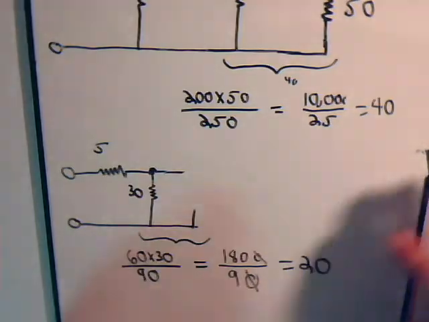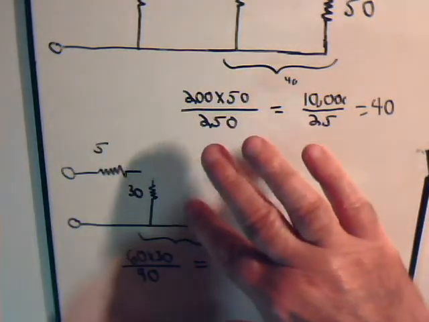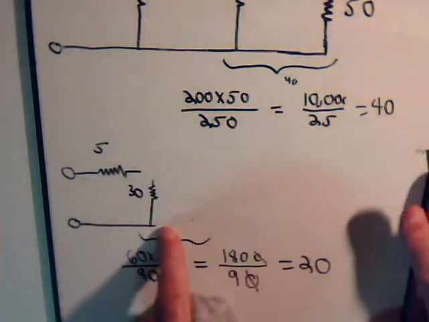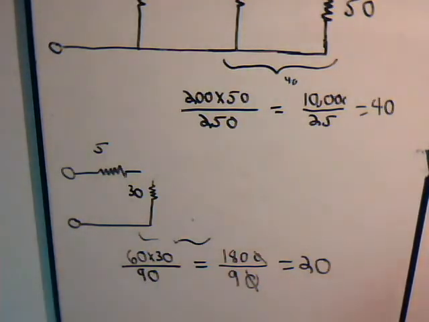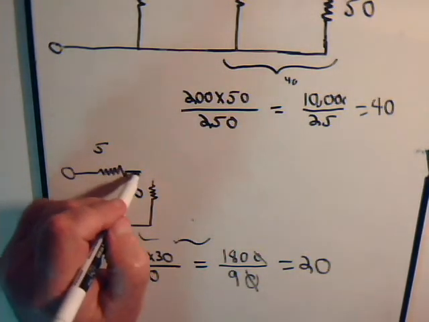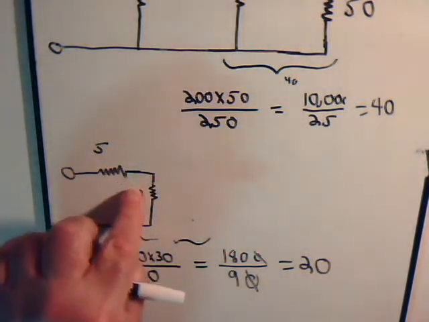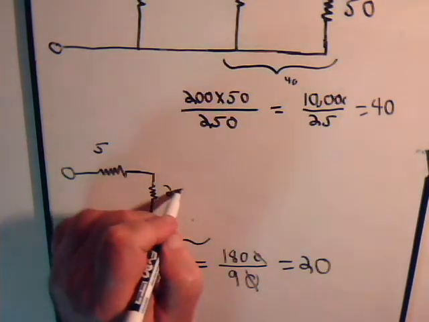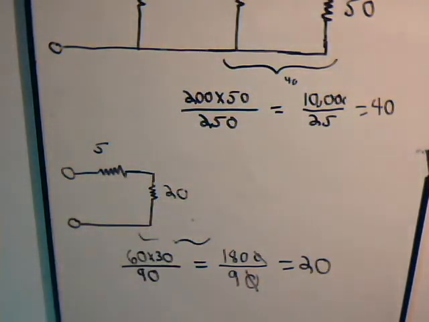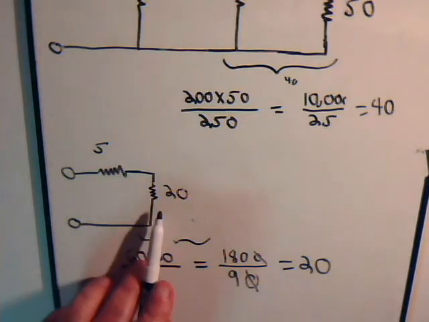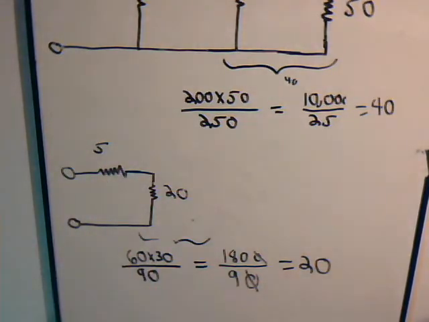So let's do that. This doesn't need to be there anymore. And we have it going like this, except this is now a 20 ohm resistor. And then clearly the 20 ohm resistor is in series with this 5 ohm resistor.